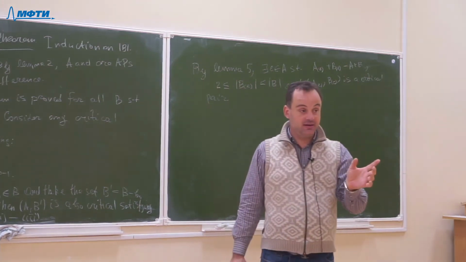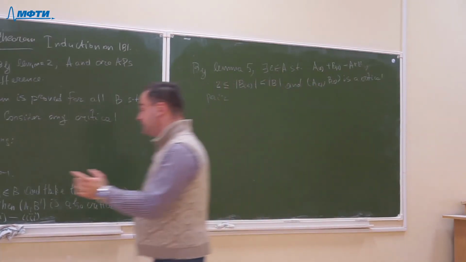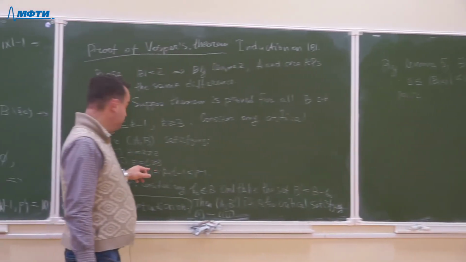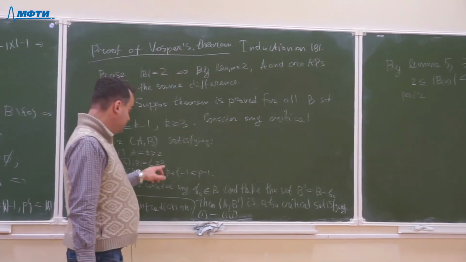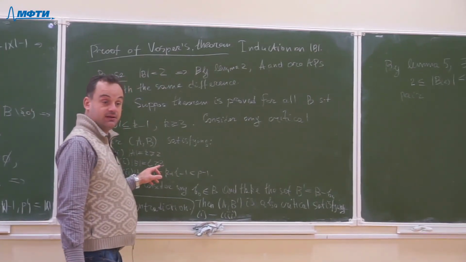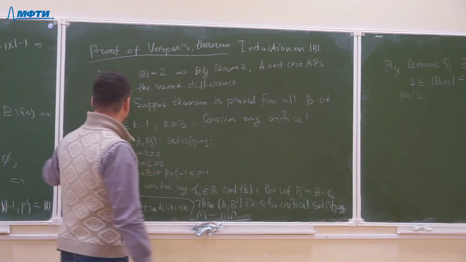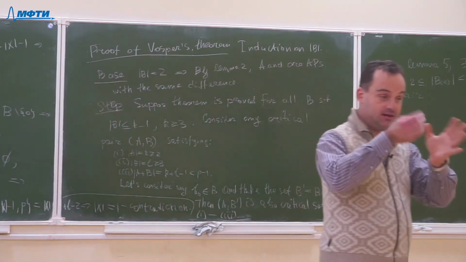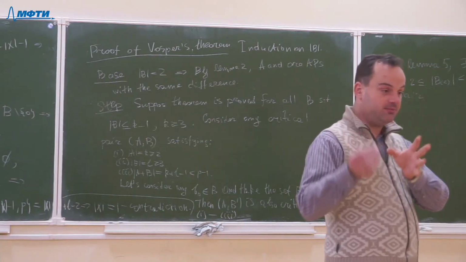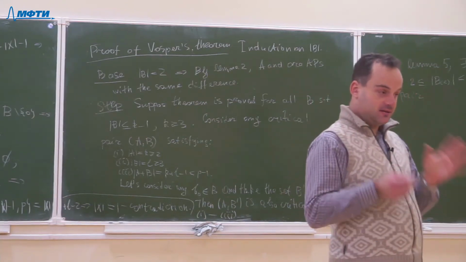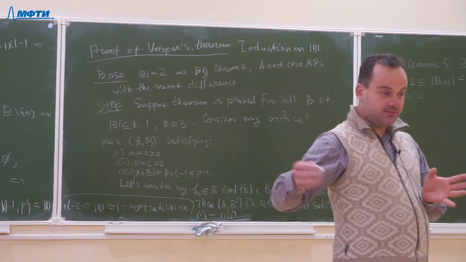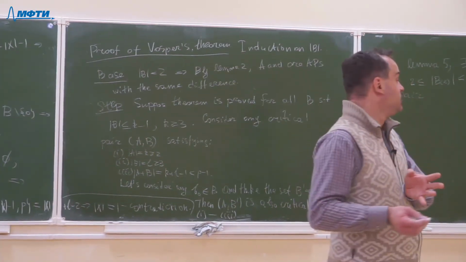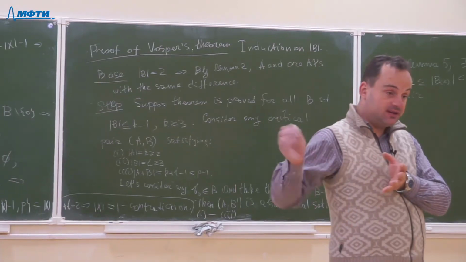So we are still in these restrictions, if we change this 3 to 2. We're still under the condition that the minimum of the cardinalities of AE and BE is at least 2, and the cardinality of AE plus BE minus 1 is strictly smaller than P minus 1.